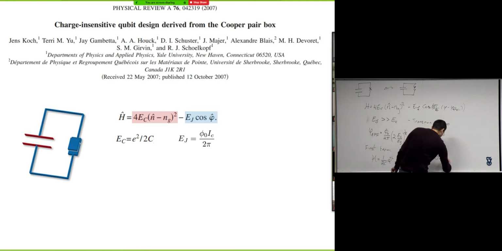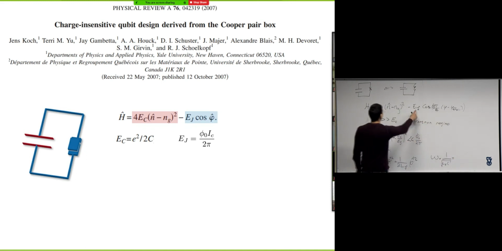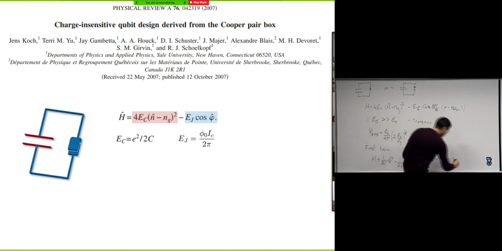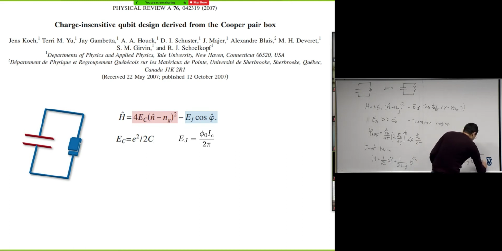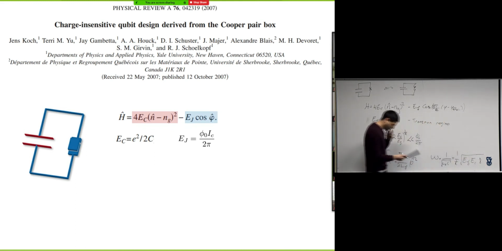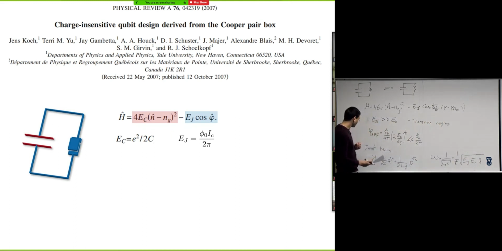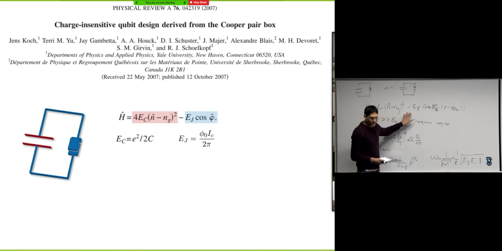And that's just going to be 1 over square root of LJ C, which written in terms of EJ and EC is just going to be 1 over h bar square root of EJ times EC, and there's another factor of 8 here, times 8. So to very, very lowest order, this is a harmonic oscillator.